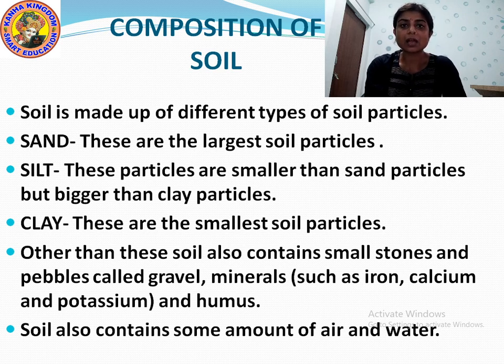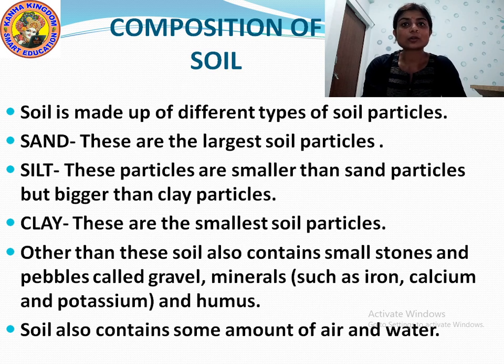G-R-A-V-E-L, gravel. It also contains minerals found in the core of the earth, like iron, calcium and potassium. These minerals are present inside the soil along with humus. The dead remains of plants and animals are called humus.